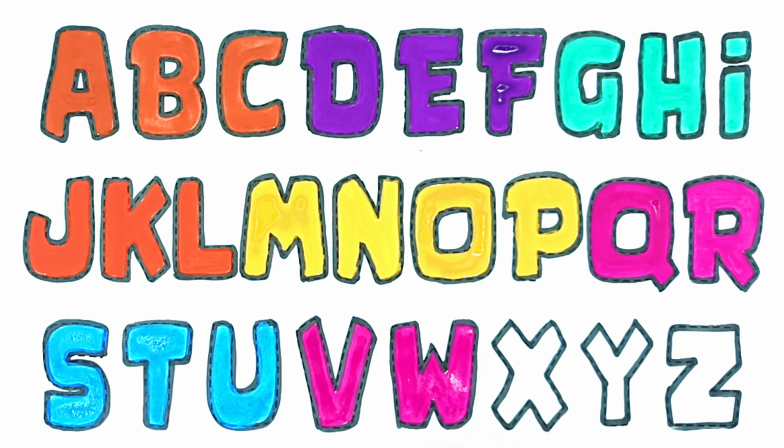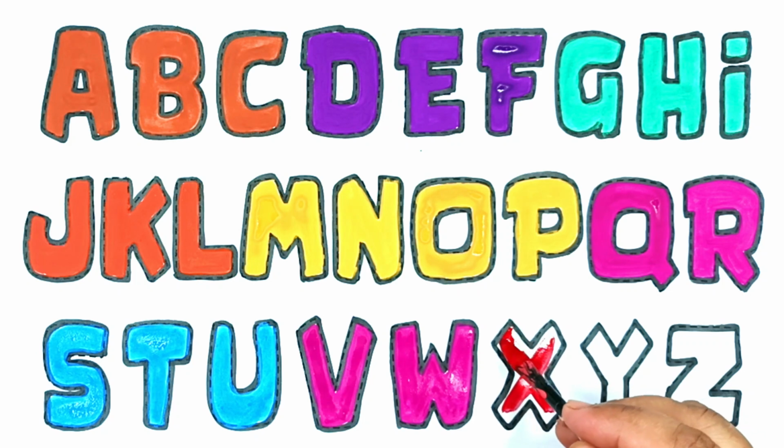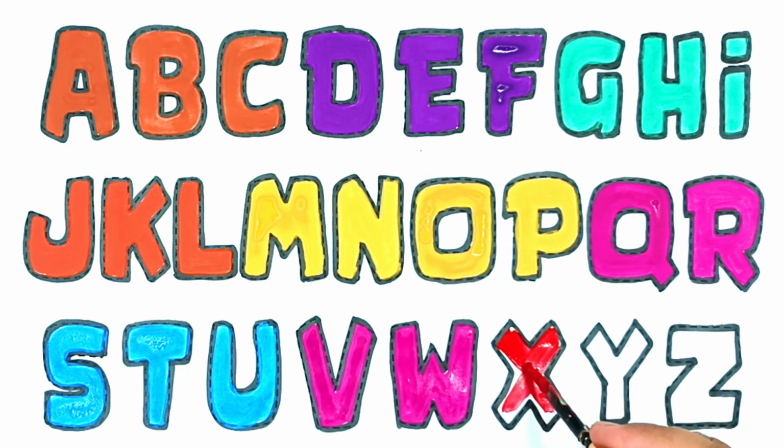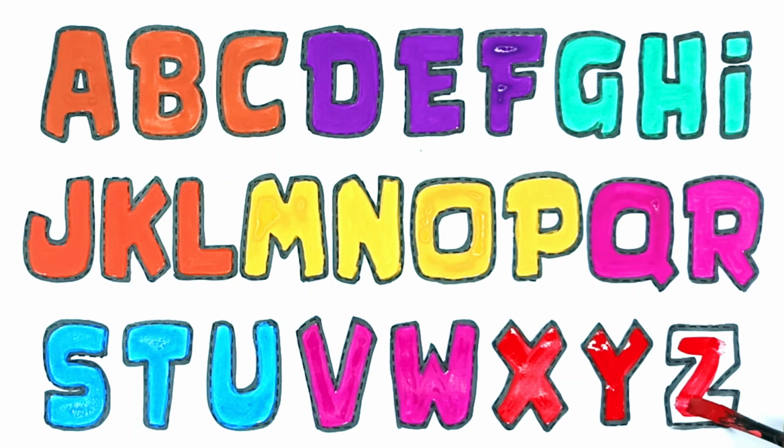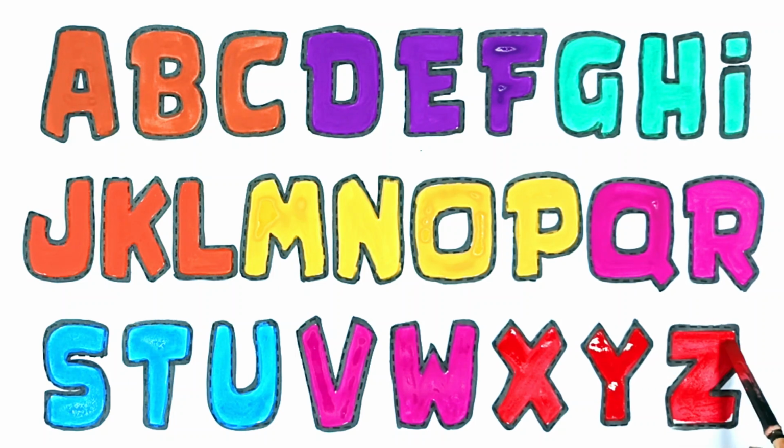W for watch. X for xylophone. Y for yacht. Z for zebra.